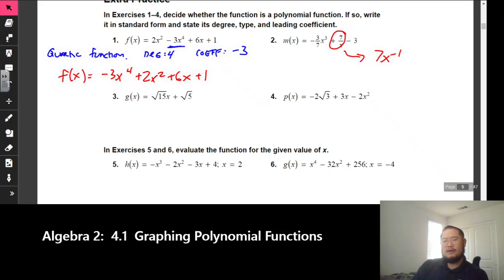Therefore, this is not a polynomial function. There's number 2.